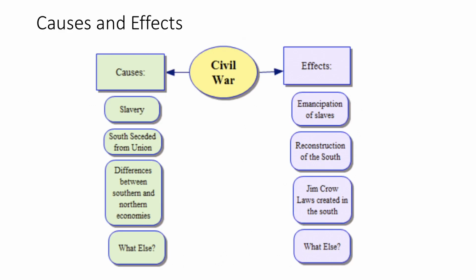And this example illustrates the causes and effects for an event, as exemplified here, civil war. So causes on the left side of the screen, and then effects on the right side of the screen.